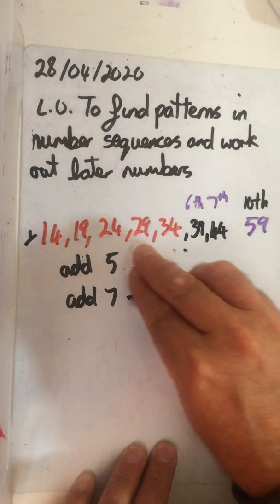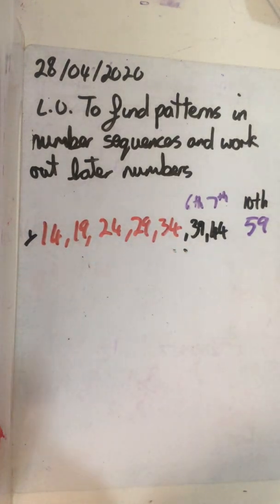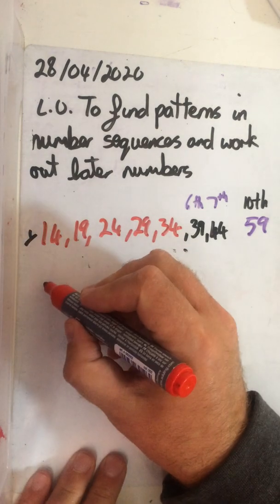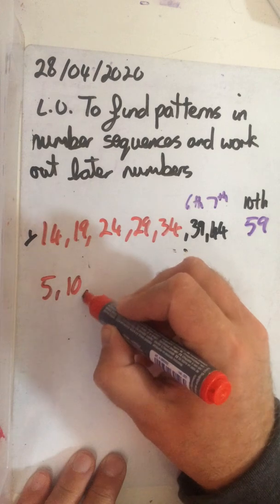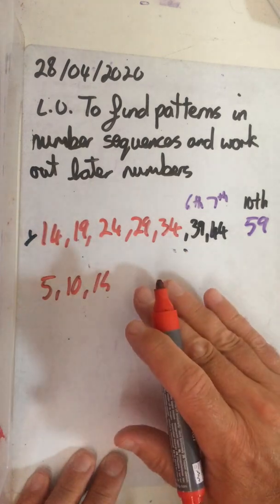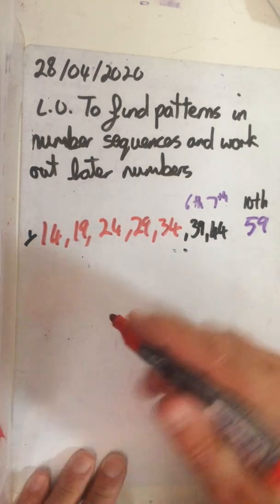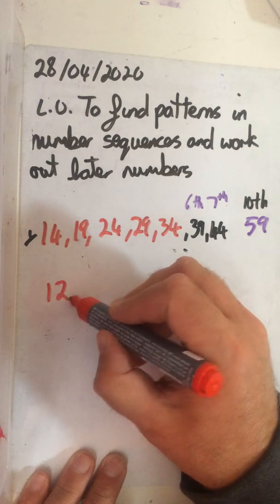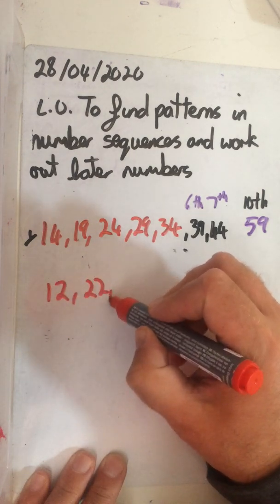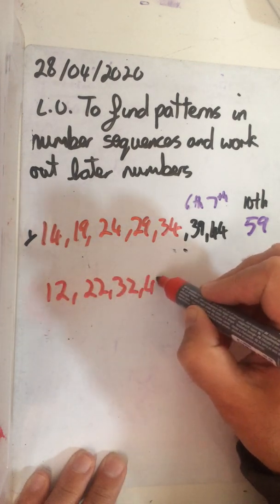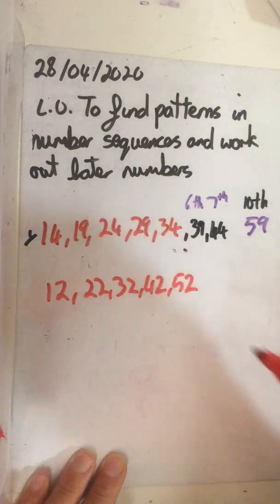Let's have a look. We'll do one more example of these before you do these, because I think it's a nice little warm up to get you going. So on this one, let's just go in 10s actually. Let's go with 12, 22, 32, 42, 52.